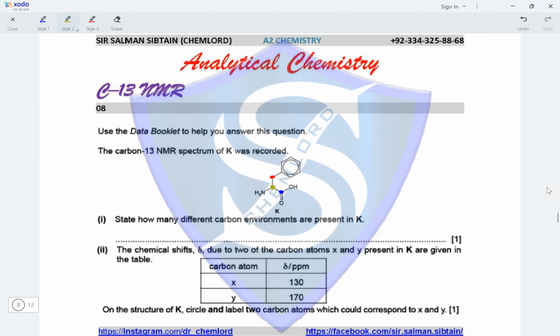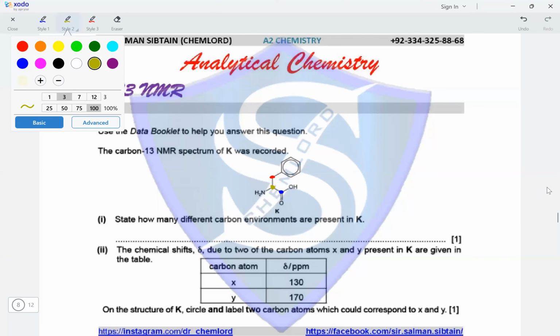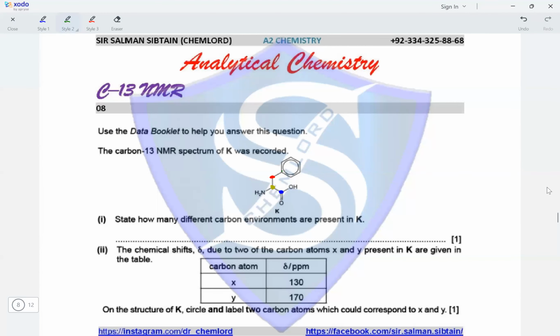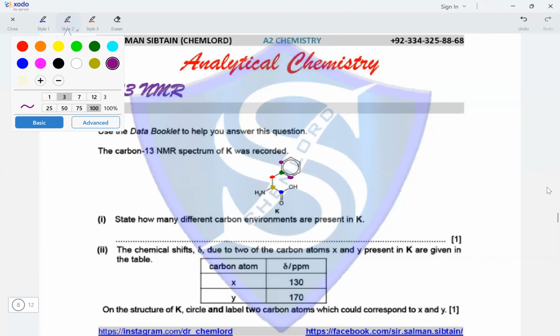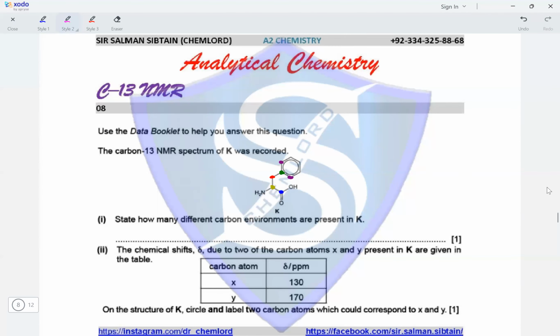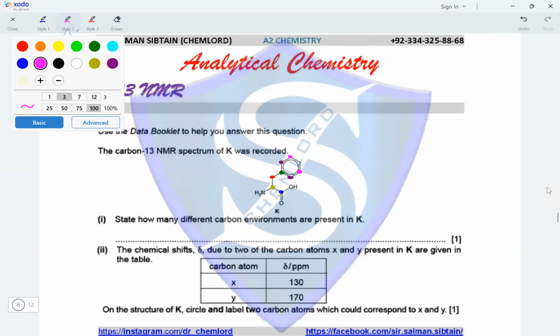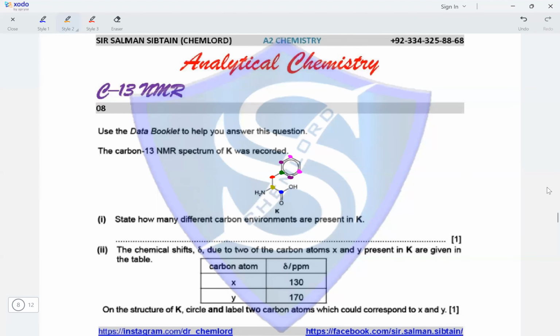The carbon to which the benzene ring is attached would be the fourth carbon atom. Now we would have two carbon atoms adjacent to that as the next environment, the two carbon atoms next to that as the next environment, and the single carbon atom in the exact opposite side where the substituent group was attached as the next environment.